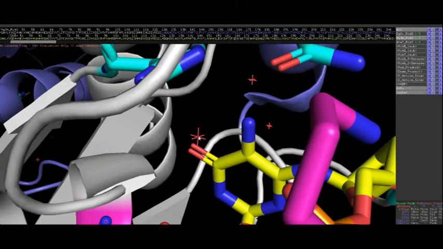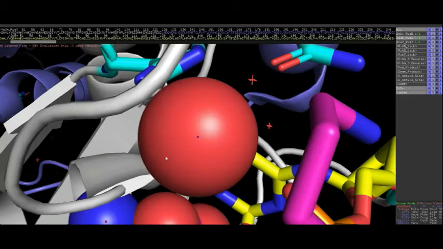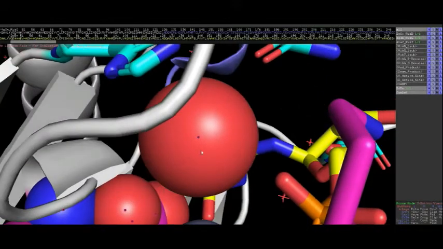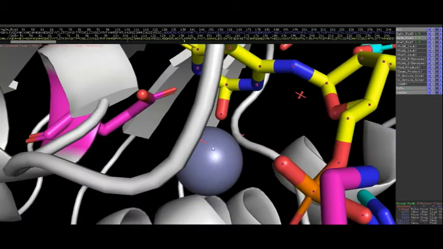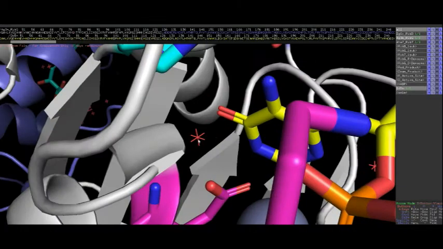So I could make that a little bit bigger so it's easier to see. Make it a nice big sphere. Oops, I still had that other thing highlighted. So hide spheres. Let's just highlight this water here, and we'll show that as a sphere.